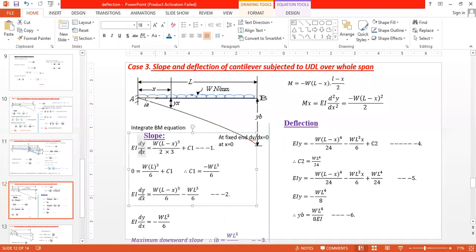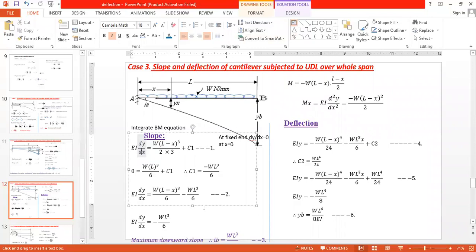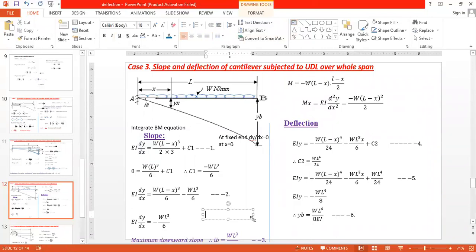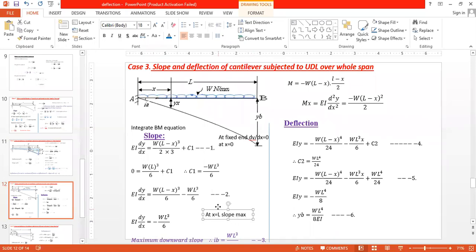Now you see this slope equation, EI dy by dx and these terms. Now our concern is with respect to maximum slope. The maximum slope is at x is equal to L. For calculation of the maximum slope, you put x is equal to L in this equation.